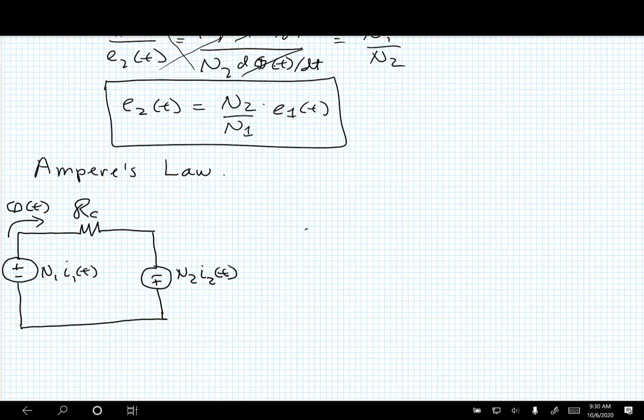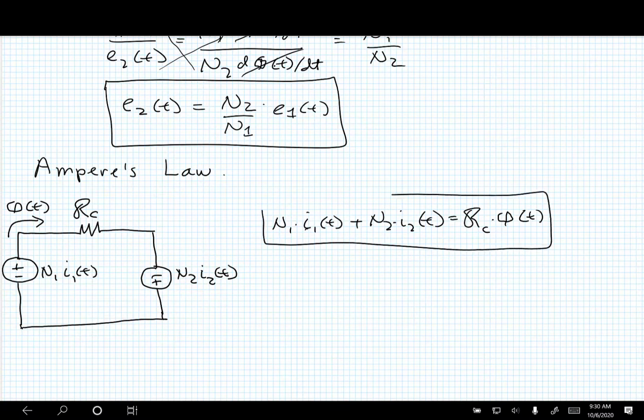What Ampere's law is saying is that N1 I1 of t plus N2 I2 of t is equal to the reluctance of the core times the flux in the core. I'm going to put a box around it because we're going to come back to it.